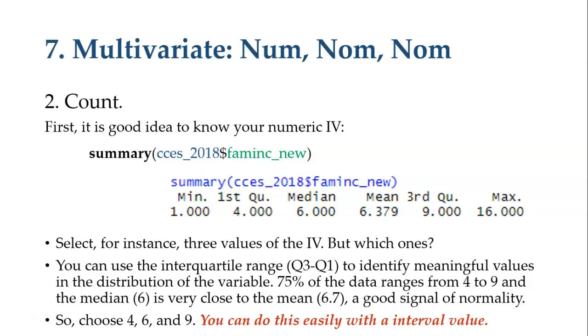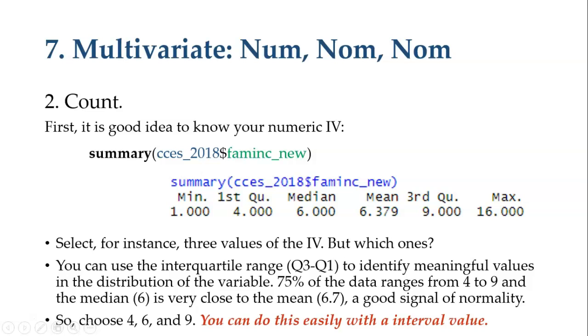So you can use, for instance, the interquartile range, because remember that the interquartile range covers 75% of all the data. The first quartile here is 4, and the third quartile here is 9. So you can select 4, 6, which is your median or mean, it's almost the same, and the third quartile, 9.